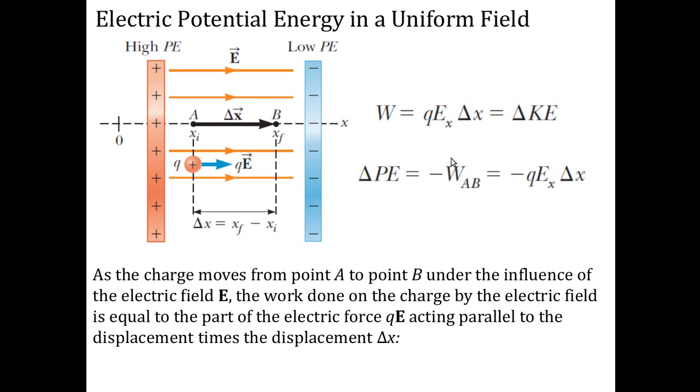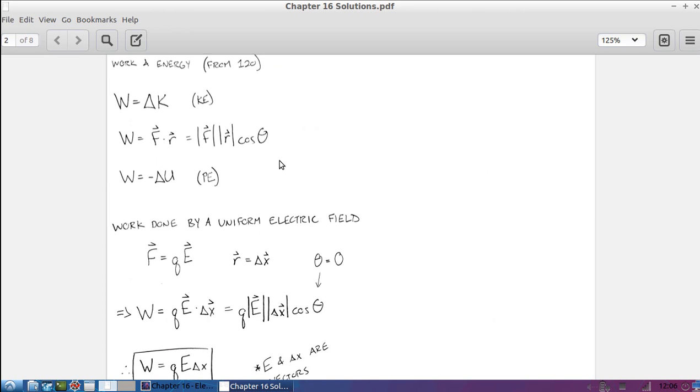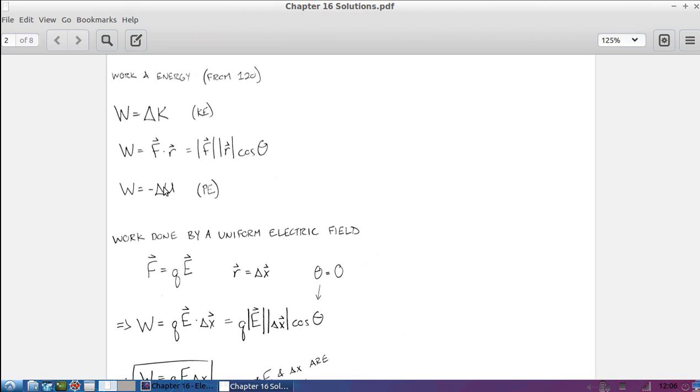So I've got this expression for work. We know from 120 that work is the change in kinetic energy. So this expression for work I can use to find the change in kinetic energy. Also from 120, if you go back to our Earth-object scenario, the Earth was doing negative work on the object as I lifted it up.